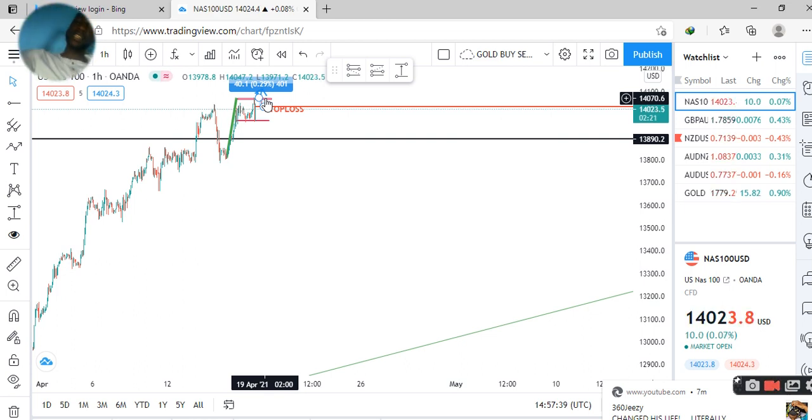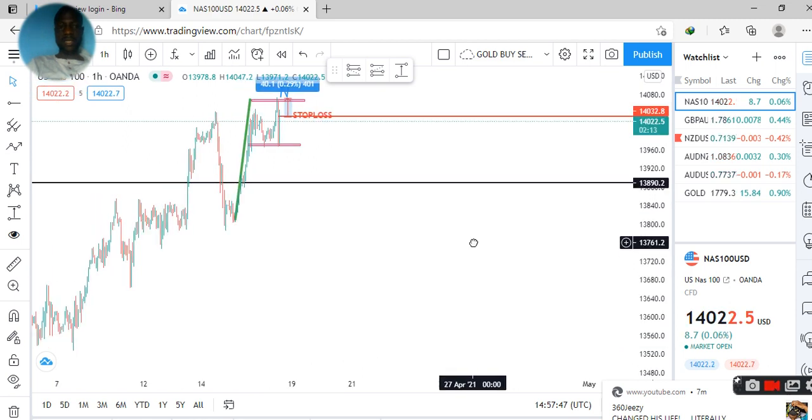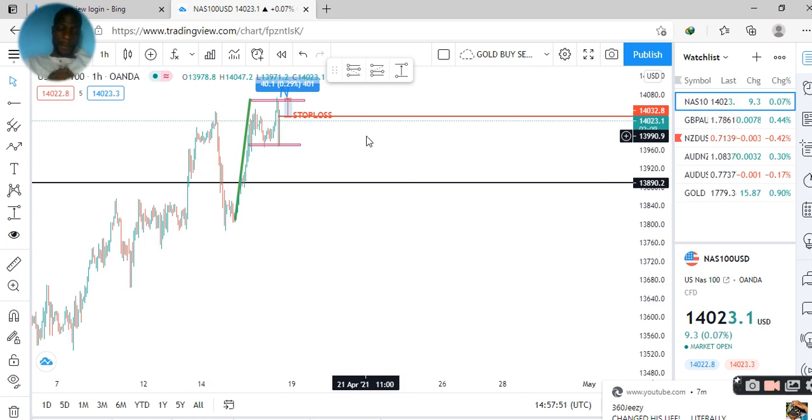I want price to break that and continue to go up before I take any trades going long. All right, so that's my trade setup for Nasdaq right now. Most likely this will happen next week. Right now it's Friday and the market will be closed soon. So that's my trade idea for Nasdaq.